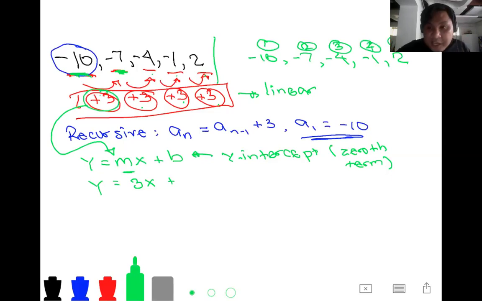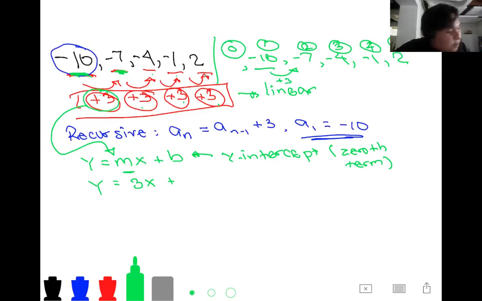If we are looking for the zeroth term, it should be the term before the -10. If this follows the same rule, how are we going to figure it out? Notice that as you go to the next term, you add 3.